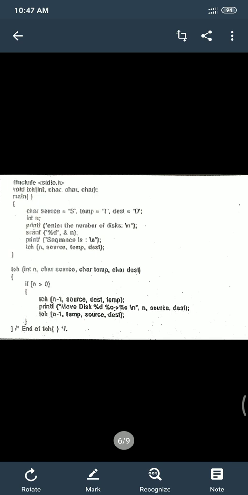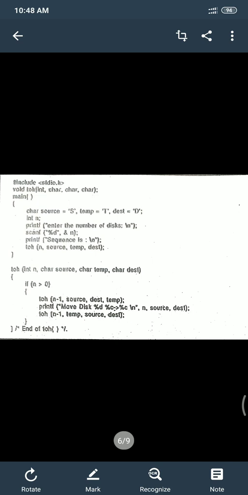Close the main function, and we have written a subfunction TOH(int n, char source, char temp, char destination). There will be a condition: if n is greater than 0, only then will control enter the block. TOH of n minus 1, source, destination, temp.